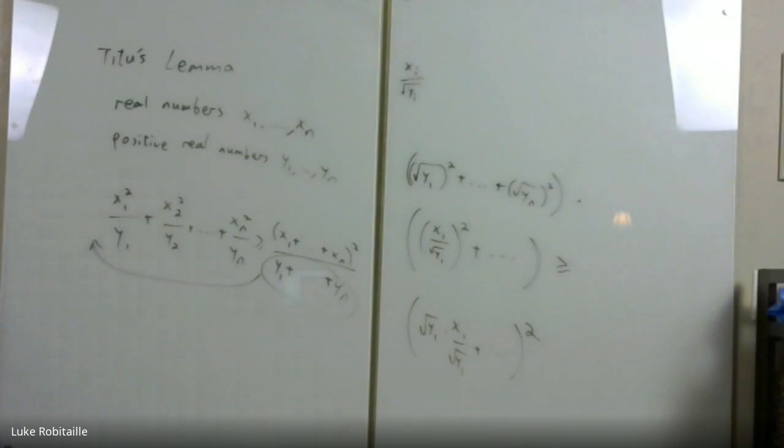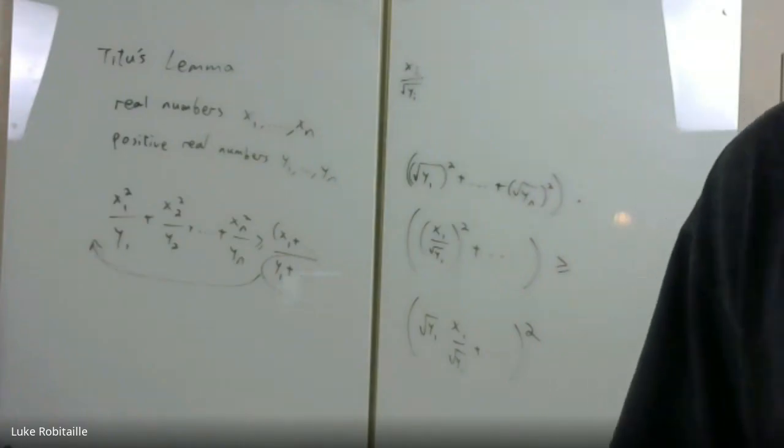But yeah, this is pretty much equivalent, but it can be useful for dealing with some problems if you have a sum of fractions and you want to make it work somehow. So yeah, and then also I should talk about Holder's inequality.